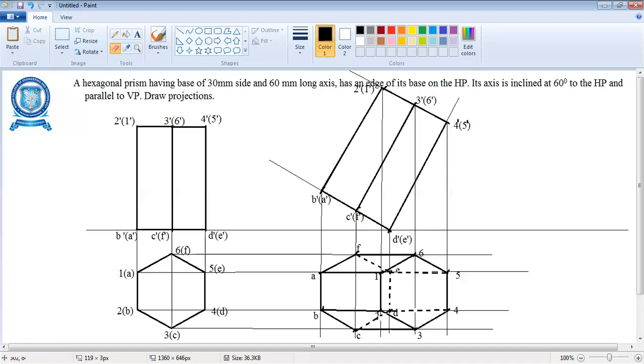Okay, we have to mark the dimensions. We will learn the basics of dimensioning, and by that procedure we draw the dimensions of the hexagonal prism.